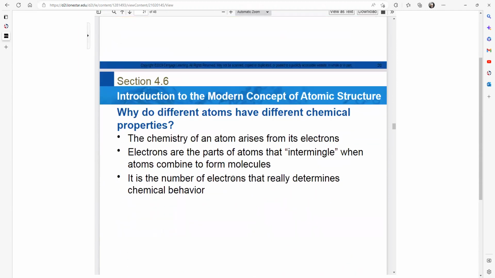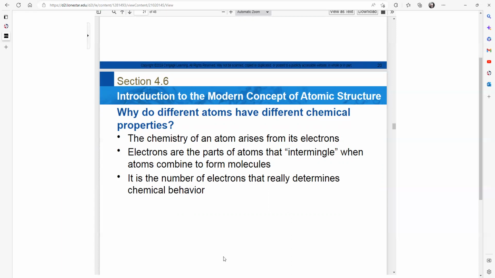Then, why do different atoms have different chemical properties? The chemistry of an atom arises from its electrons. Electrons are the parts of atoms that are combined when we are making a molecule.